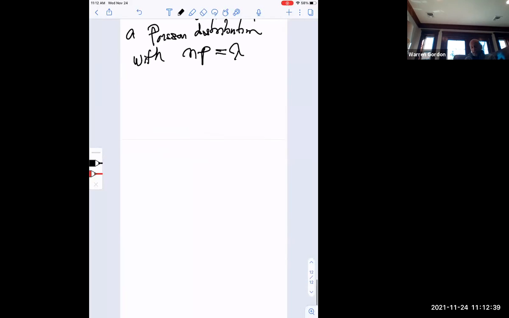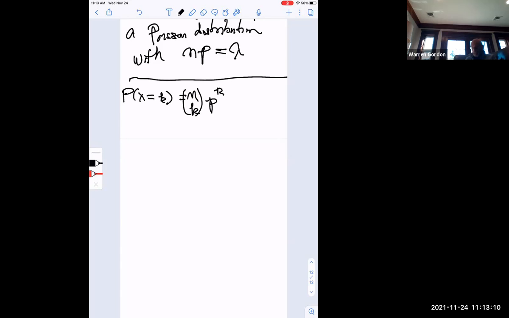Okay, so let's start with the binomial distribution. The probability that X equals k is equal to n choose k, p to the k, and q, which is 1 minus p, to the n minus k.